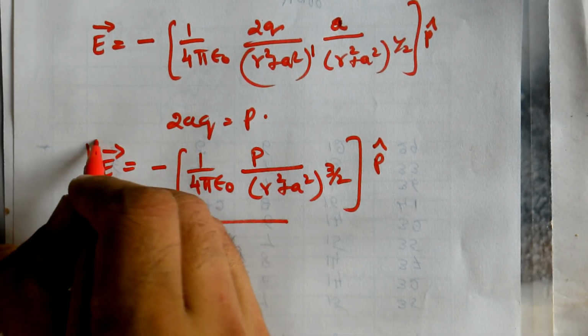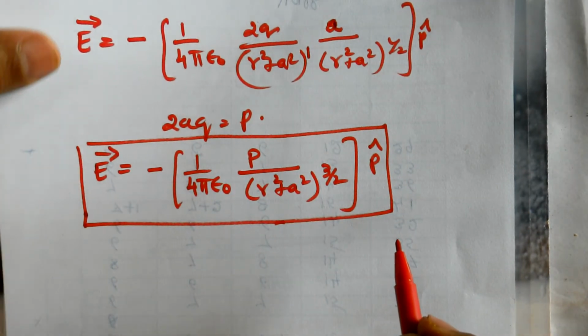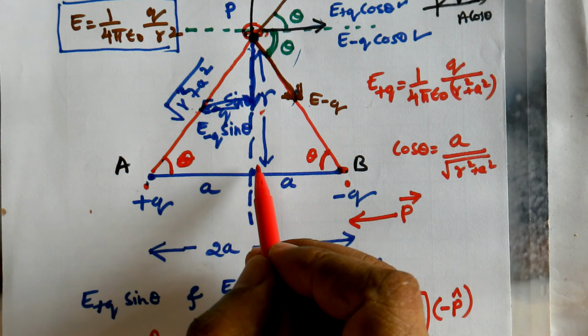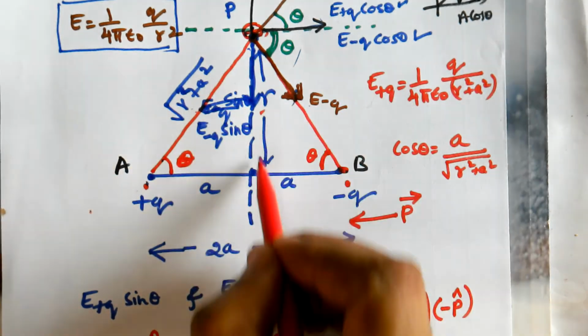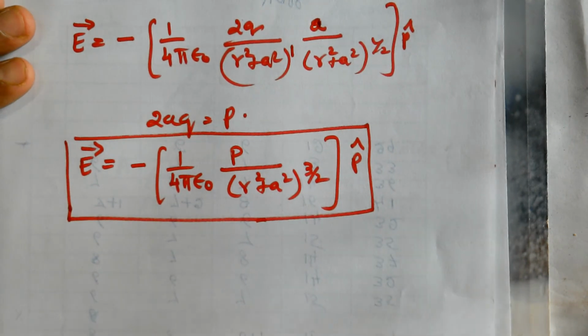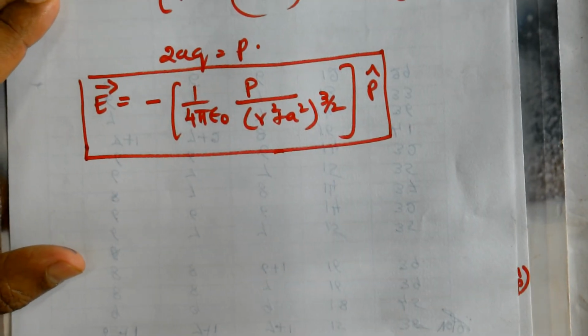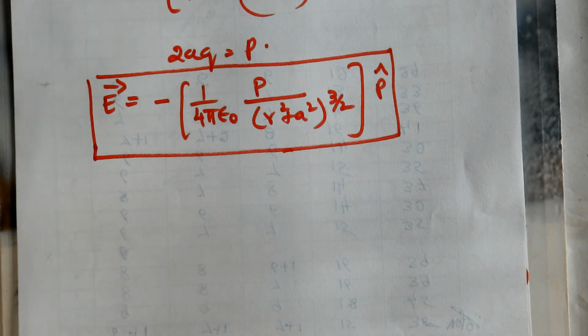Now suppose the distance chosen is very large compared to the size of the dipole. Suppose this r is very large compared to this a, then what can you conclude? Usually it will be so because dipole is a system of molecular size.